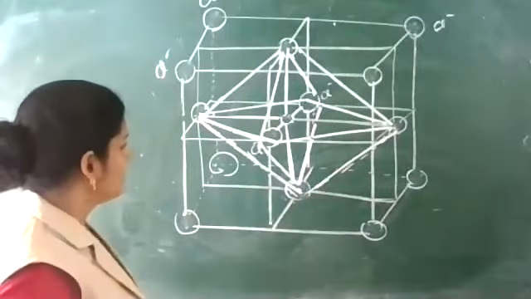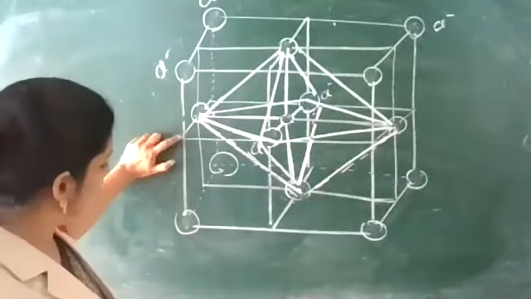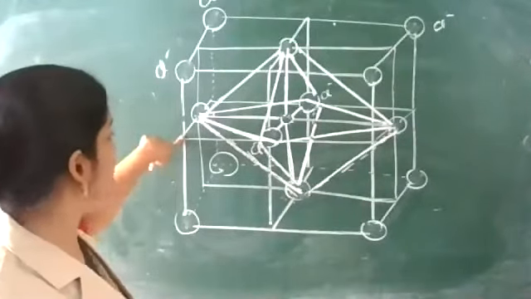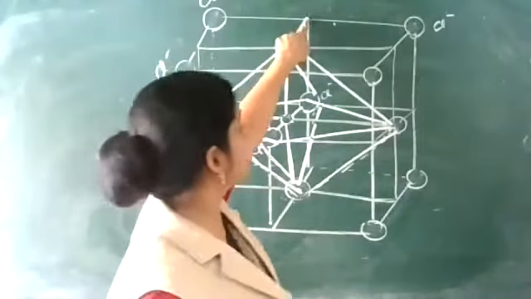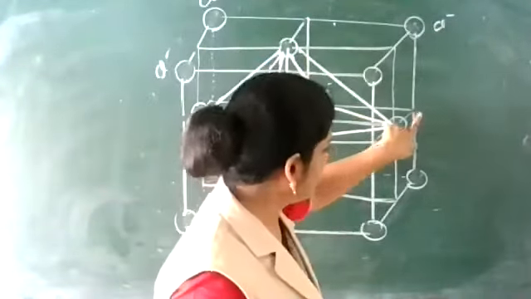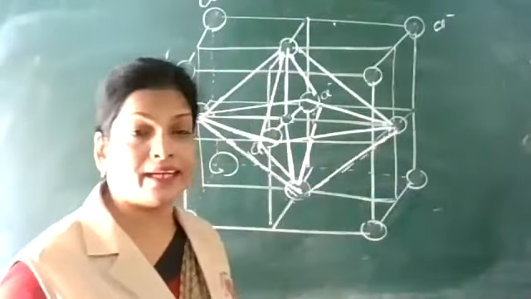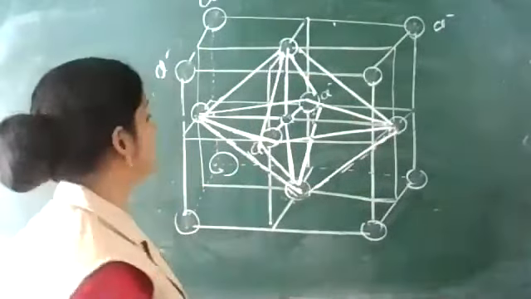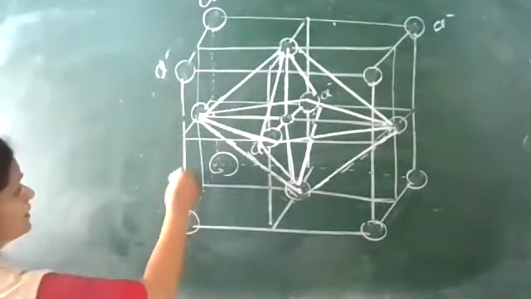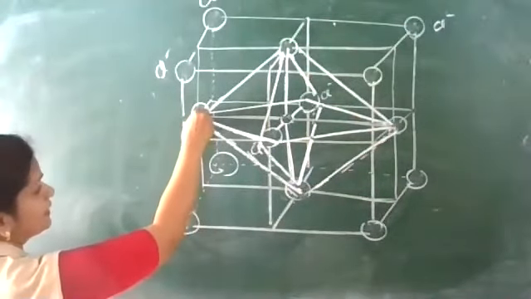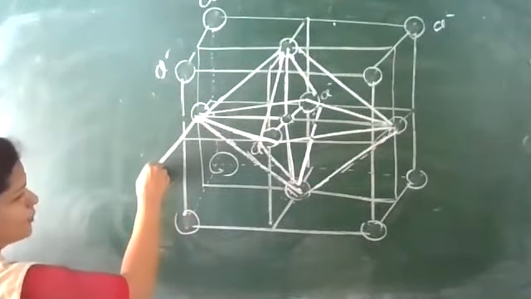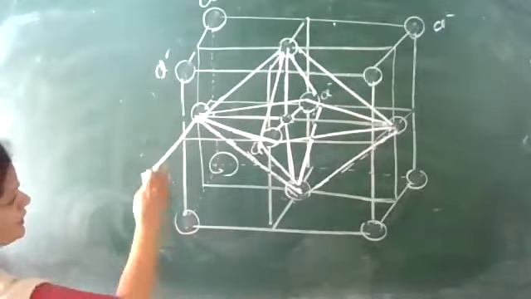Now, another octahedral position is the edge centers. This edge center, edge center, edge center, edge center. All edge centers are again octahedral voids. For that, I am making a projection to the next unit cell. So from here, I am making a projection to the next unit cell.